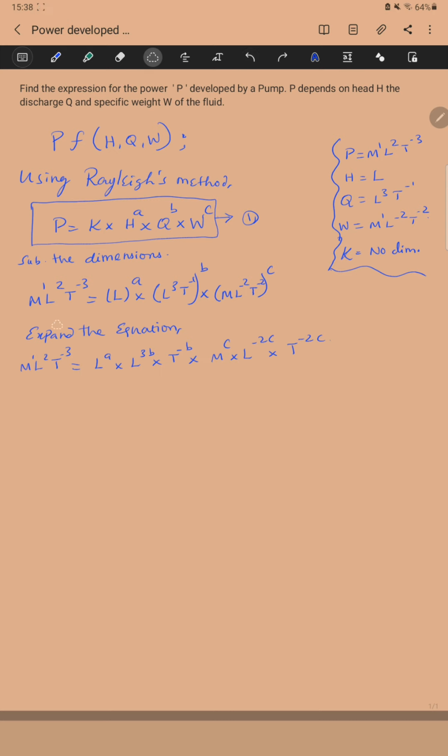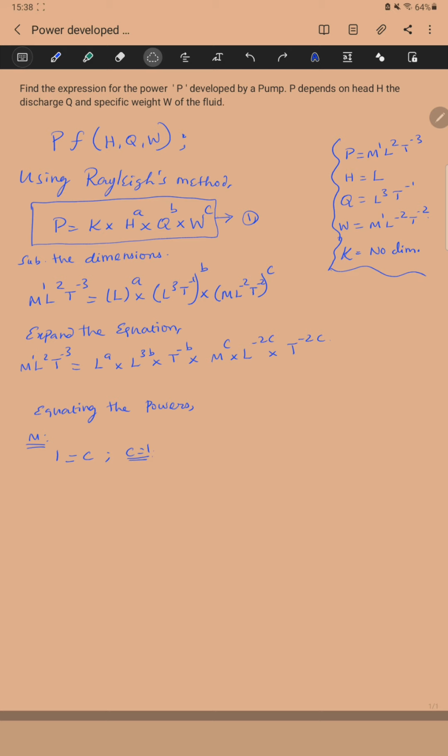So the left hand side is as it is, equals L power A times L power 3 whole power B is L power 3B times T power minus 1 power B is T power minus B, etc. So I have expanded this equation. Now let us equate the powers that we have.